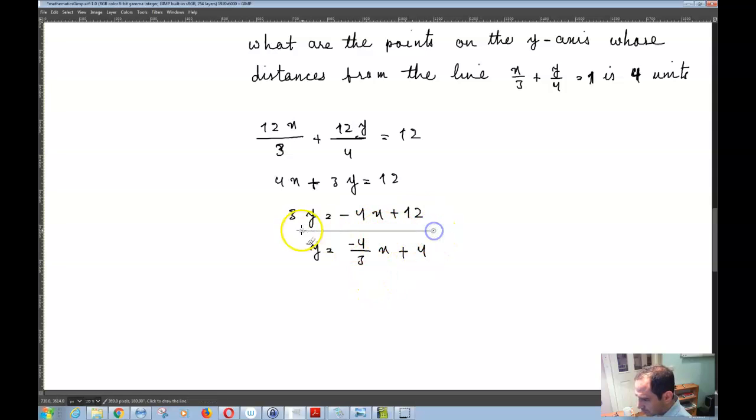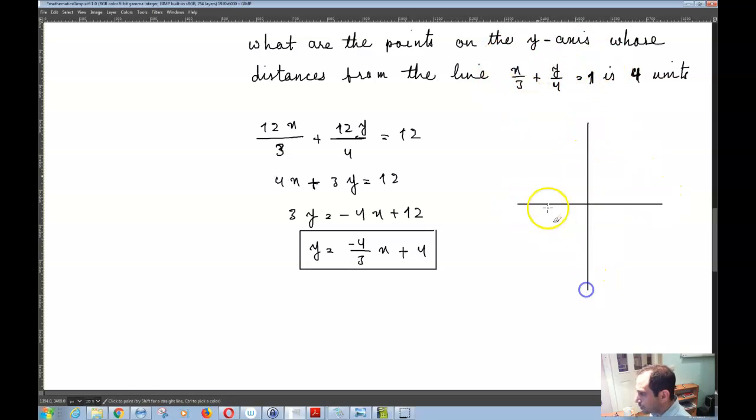So that is your line, and this way I understand it much better, of course. Although this way you can graph it as well, meaning that you can say that this is your x-intercept and this is your y-intercept, 1, 2, 3, and 4, and then this becomes simply your line.